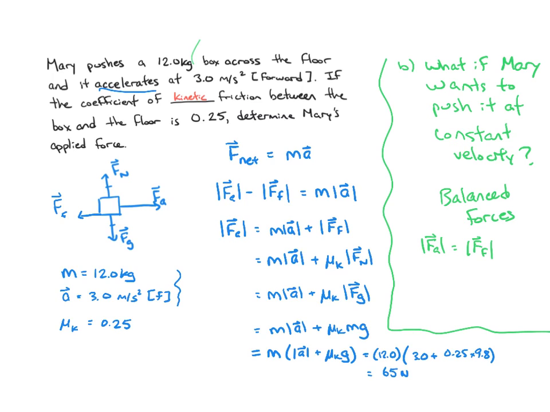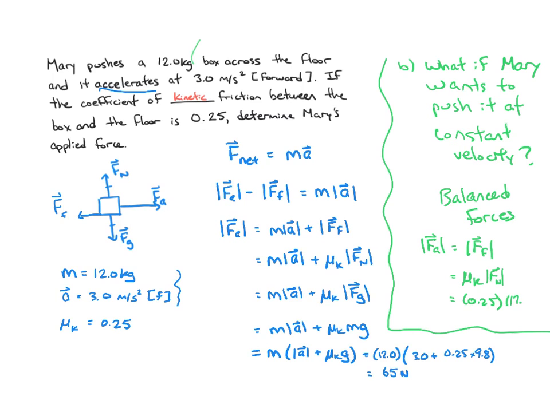All right, so then the applied force will just be the force of friction, which is mu times normal, so it's just 0.25 times mg. Okay, I'll replace it with mg.